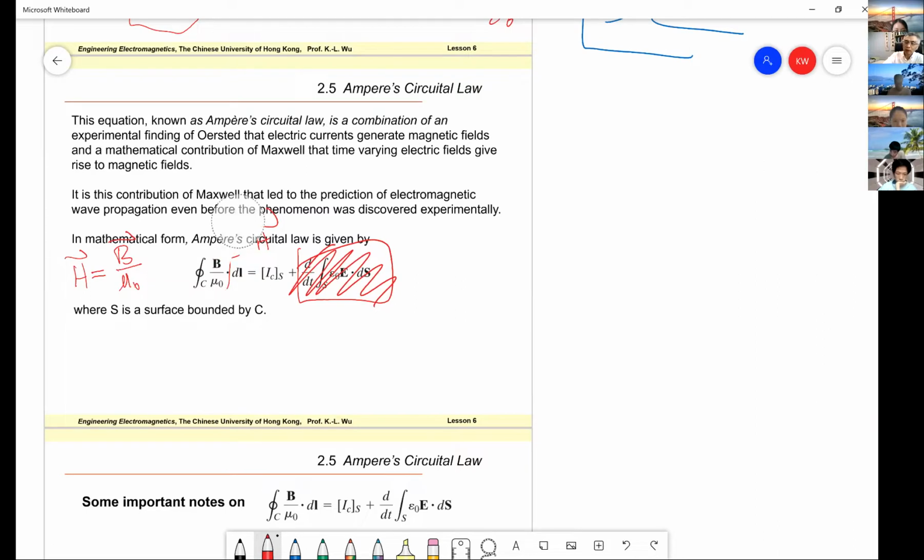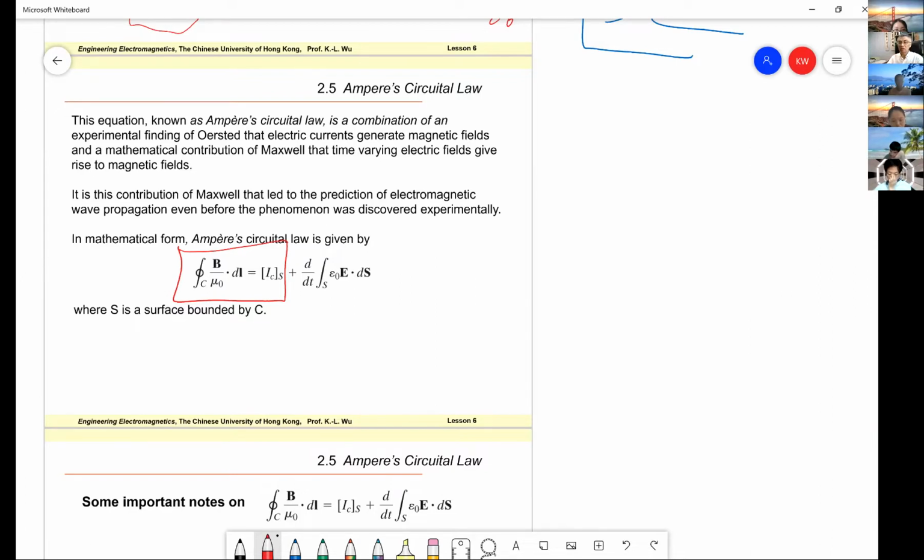However, if we keep using this, if we only consider this part, people find a contradiction with Faraday's law and the current conservation law we discussed today.